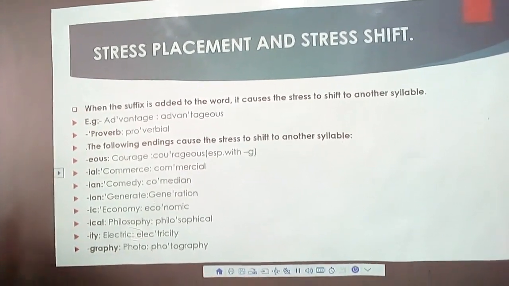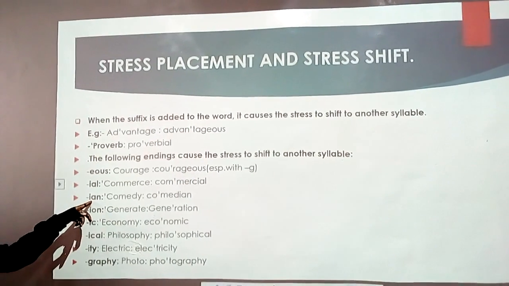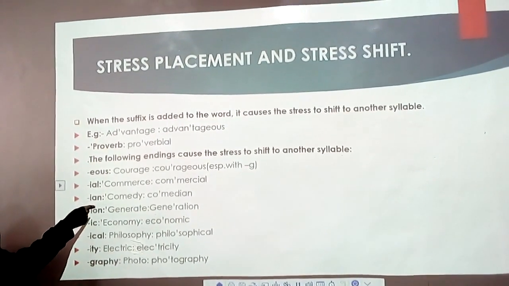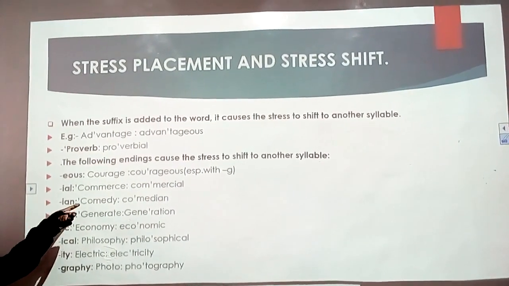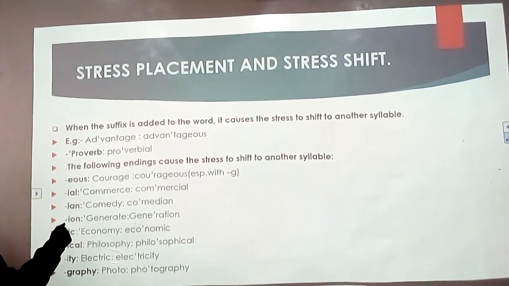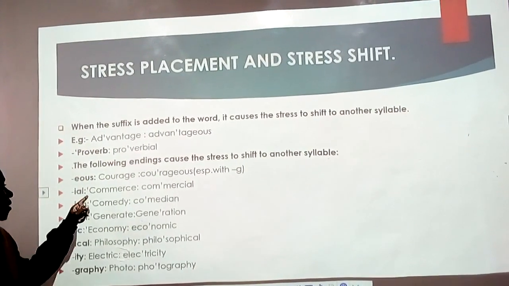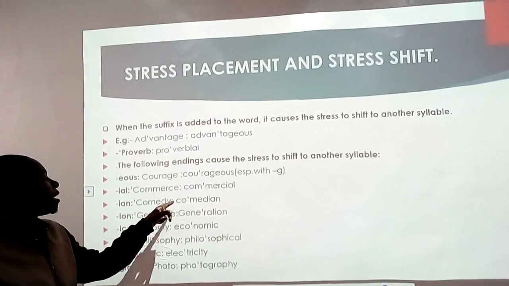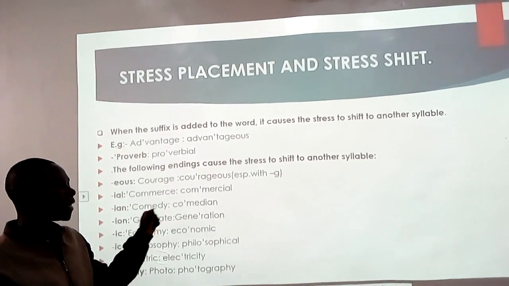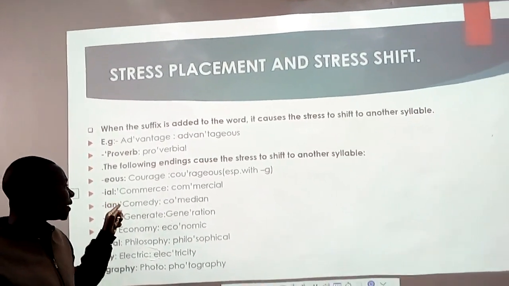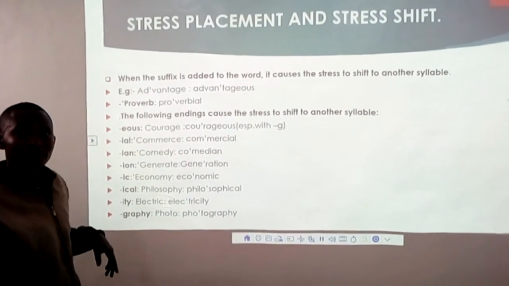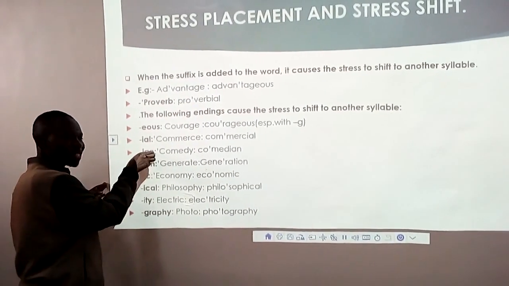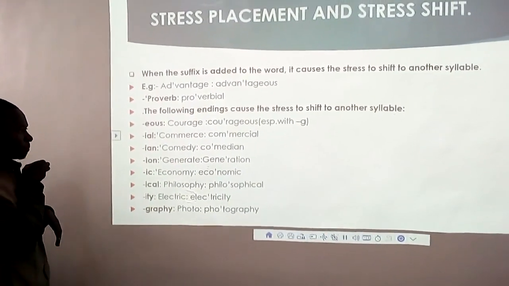Okay? Now you see words ending in -ian. For example, comedy. You don't pronounce comedian like comedy, because the stress tells you how to read this word. Accordingly, comedian. The stress has shifted from C to M because of this suffix. Okay?